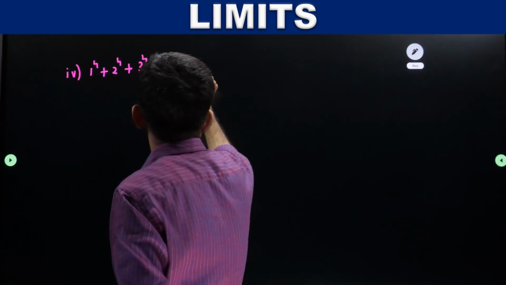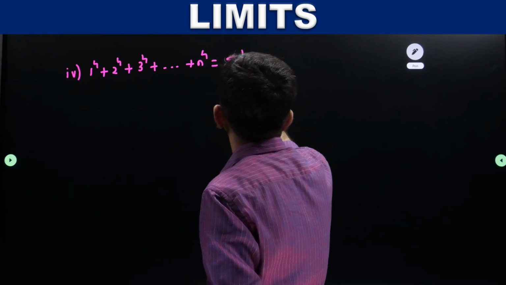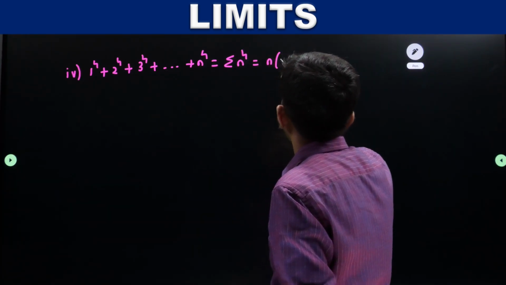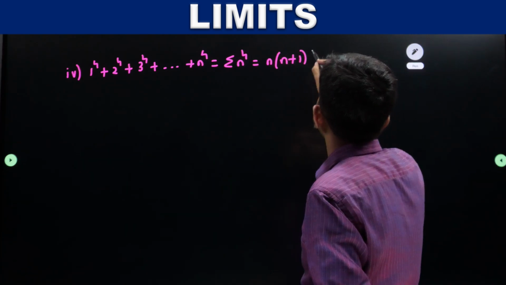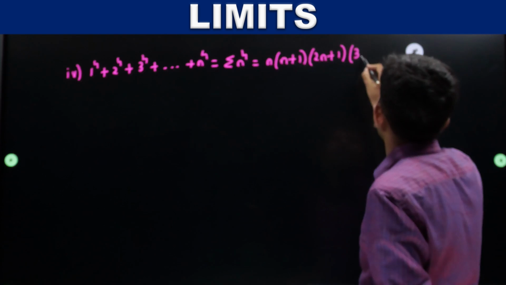Fourth one, I can give 1 power 4 plus 2 power 4 plus 3 power 4 etc. up to n power 4, which is summation of n power 4, which is n into n plus 1 into 2n plus 1 into 3n square plus 3n minus 1 divided by 30.